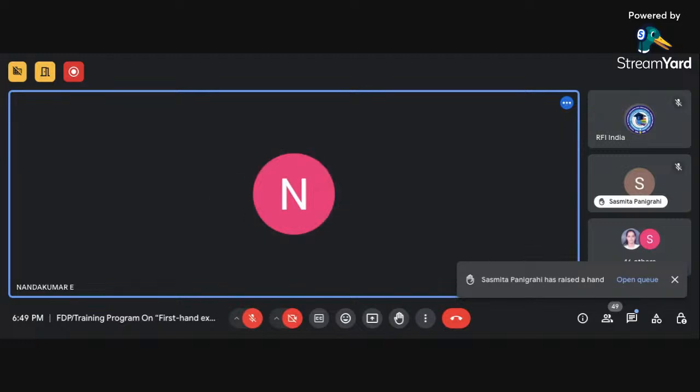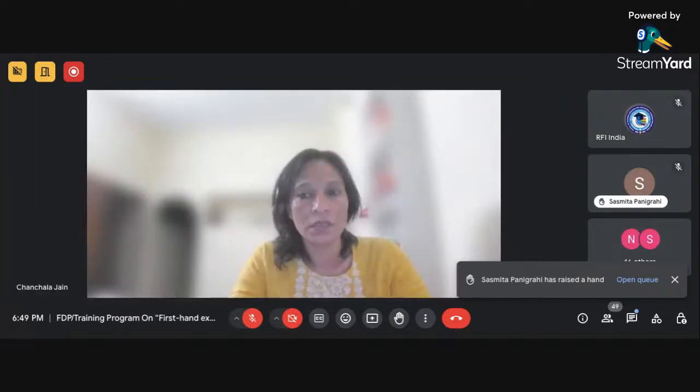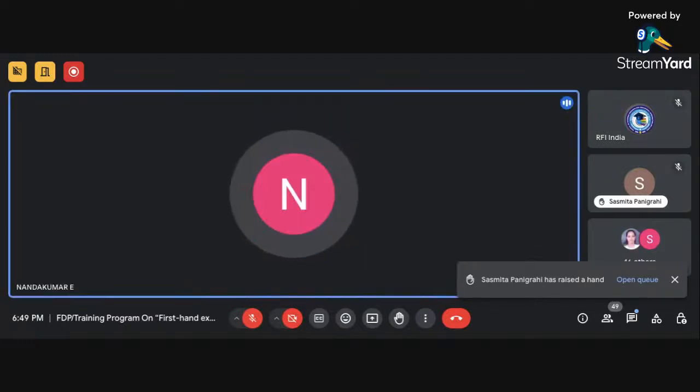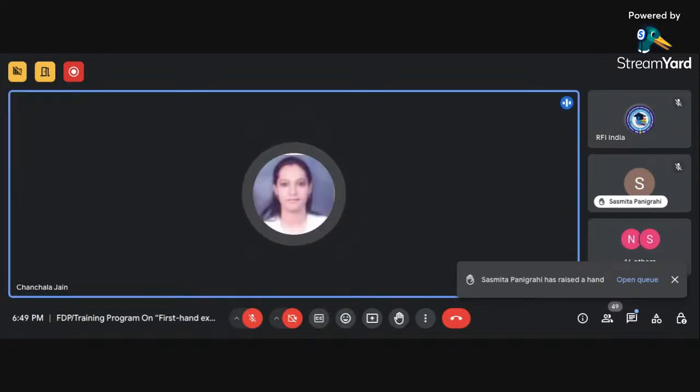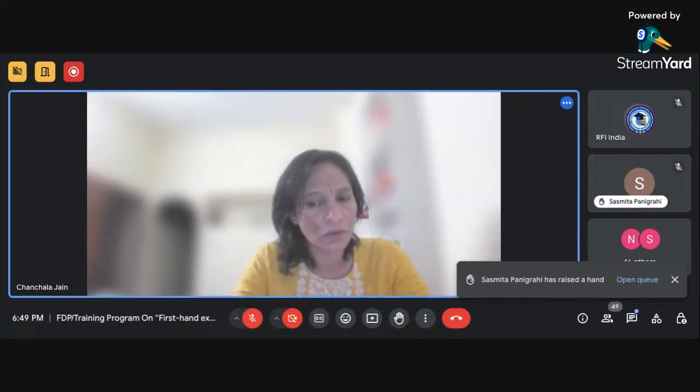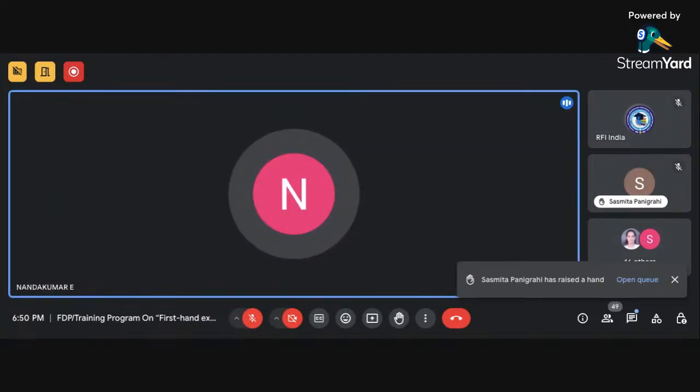I recently purchased a 64-bit system, but I also have the same problem. I can't go beyond that sign up stage. When you are having 64-bit, then why are you facing the problem, sir? Because of email ID? No, ma'am. I already gave email ID, password, everything is going. After sign up, it's not opening.